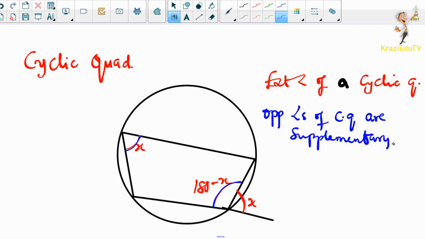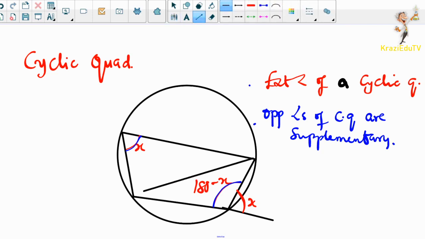And finally on a cyclic quadrilateral, those are the things you're looking for, especially when they ask you to prove a cyclic quadrilateral. Let me use a different color there.